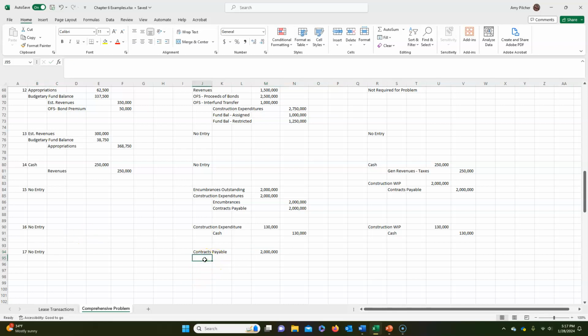And then we have that retained for construction projects of $125,000, and we pay cash to the construction company of $2,125,000. And that entry is identical in the government activities.